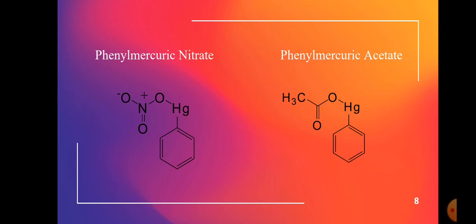Similarly, for phenyl mercuric acetate, it is also used in 1:10,000 to 1:50,000 concentration in injectables to prevent bacterial contamination.